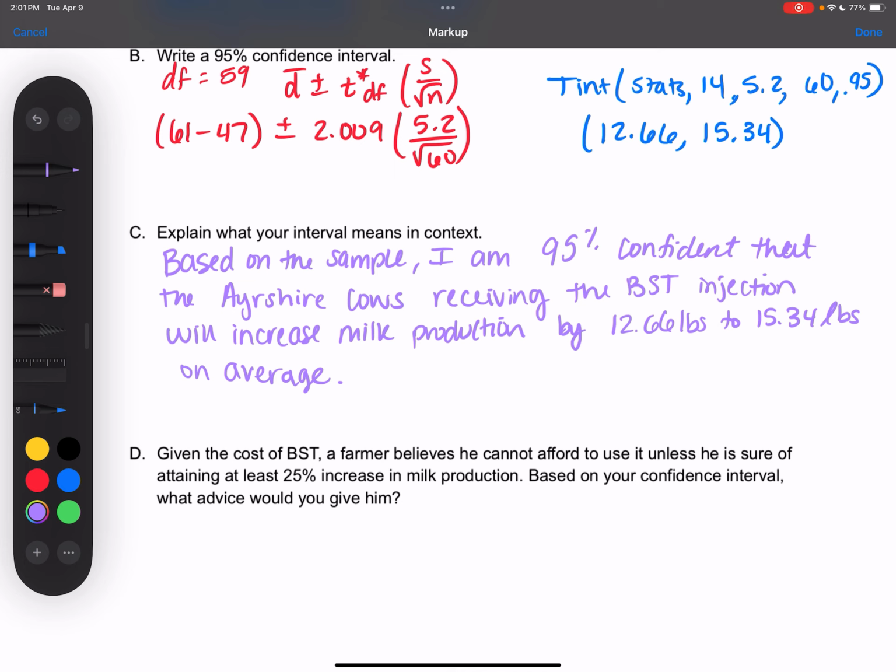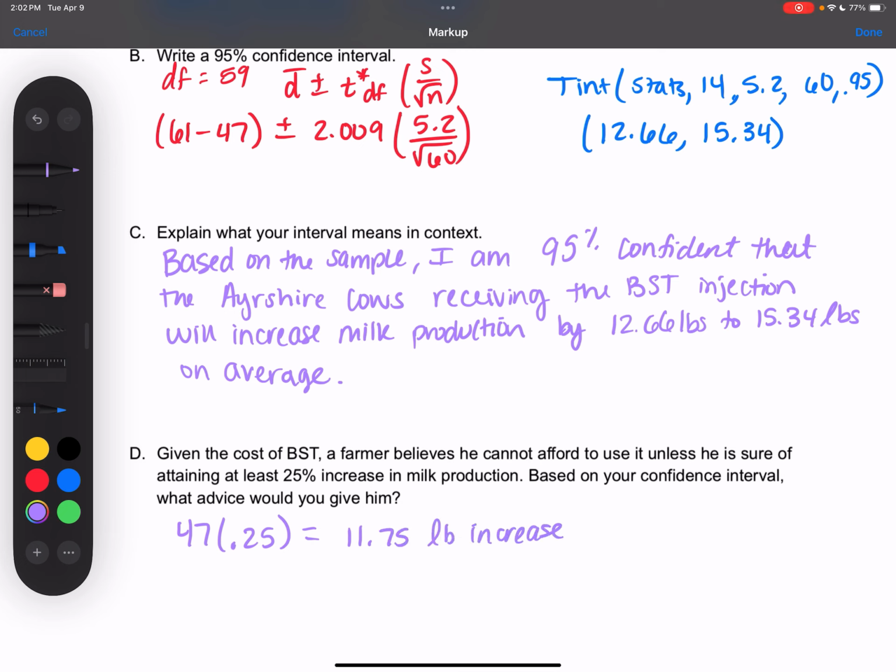So how would I find a 25% increase, or what that amount of poundage would be? Multiply by 0.25, so 47 times 0.25 is 11.75. So an 11.75 pound increase.